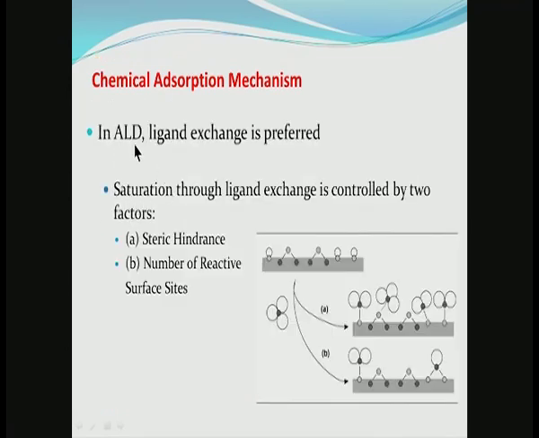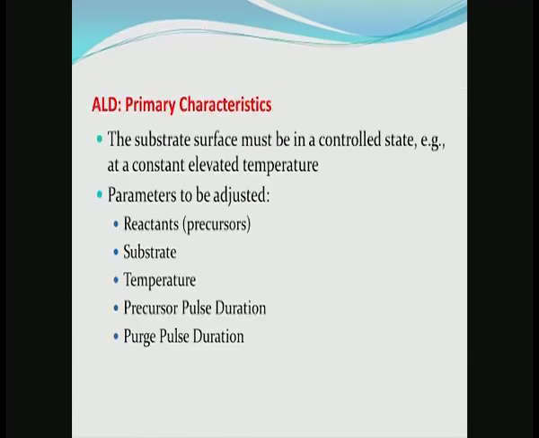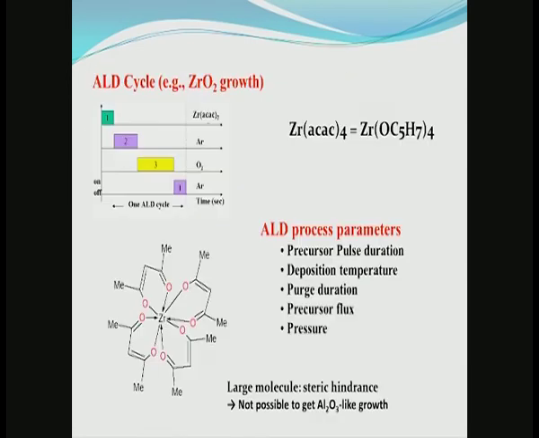Now, as I said, in ALD ligand exchange is preferred, and saturation through ligand exchange, as in the case of aluminum oxide, is controlled by 2 factors, namely steric hindrance and the number of reactive sites present on the substrate. Now, what is steric hindrance? To have an idea of what steric hindrance is, we look at what zirconium acetylacetonate looks like.